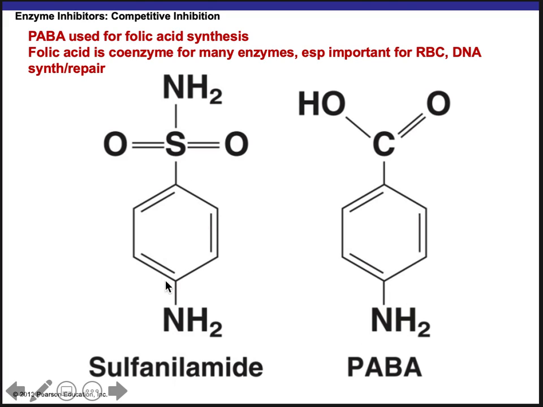It has the same NH2 aromatic ring, and then it's just a little different on top. And so this sulfonamide is an antibiotic drug that mimics PABA, and so it will kill bacteria by being a competitive inhibitor.